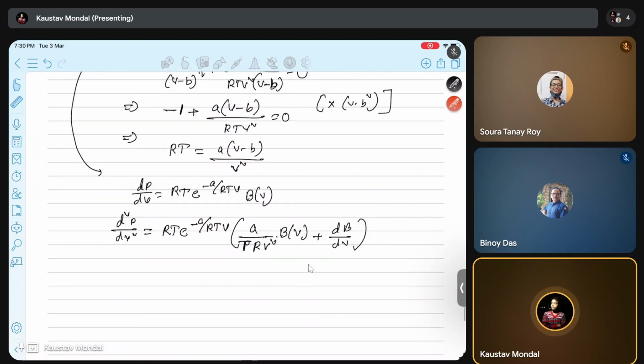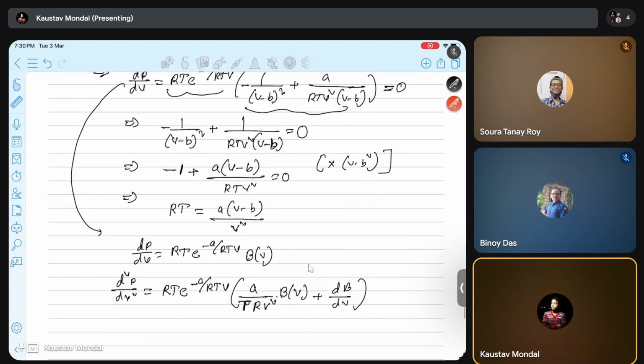Now B(V) is nothing but this thing, right? So this thing is basically equal to 0. Okay, so that means that B function of V will also equal 0, right?